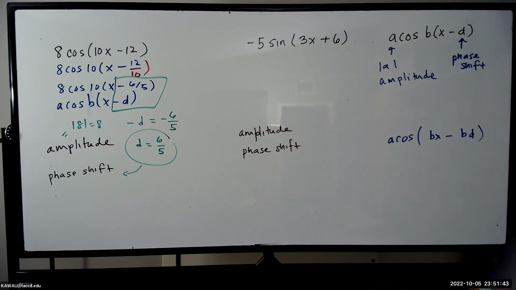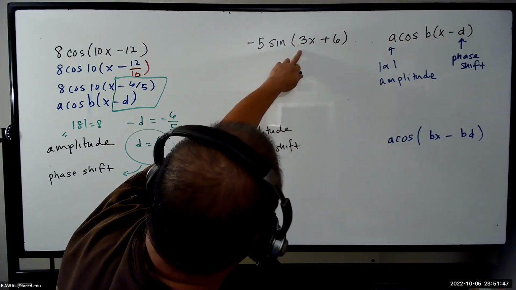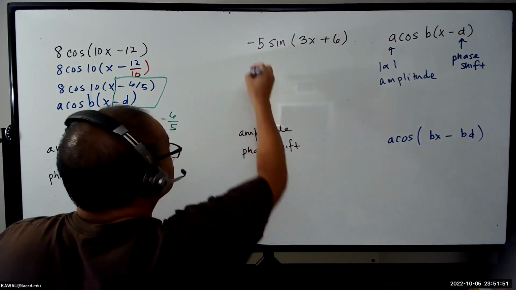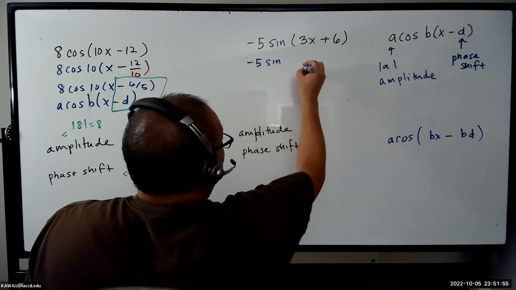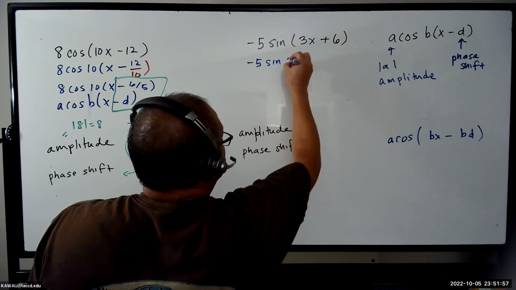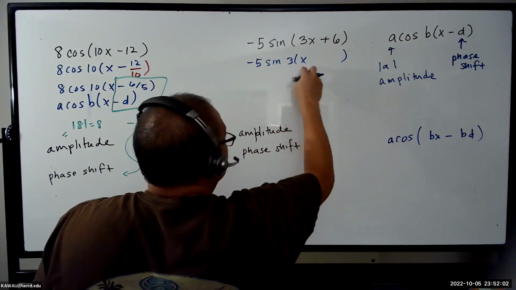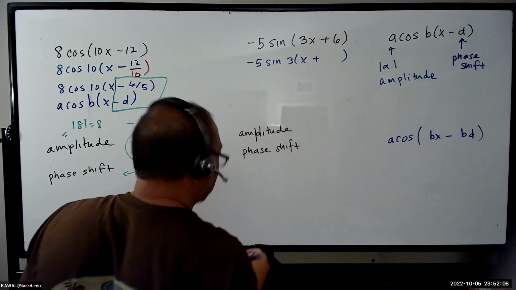Okay. So let's do the same thing over here, right? I want to pull out that 3. And then 3 times X, right? So this times this is equal to that, plus, okay?